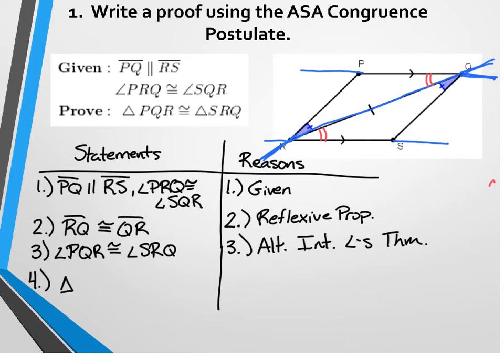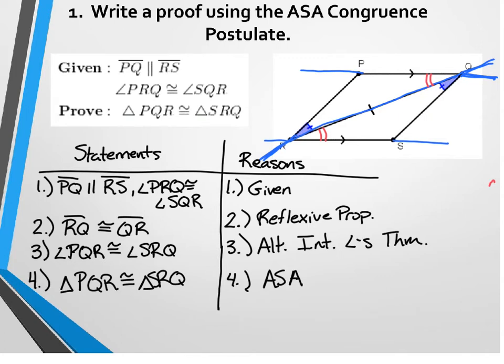So label or name the 2 triangles that we're proving congruent, the PQR and the SRQ. These 2 triangles are congruent by angle, side, angle is what we have just shown.